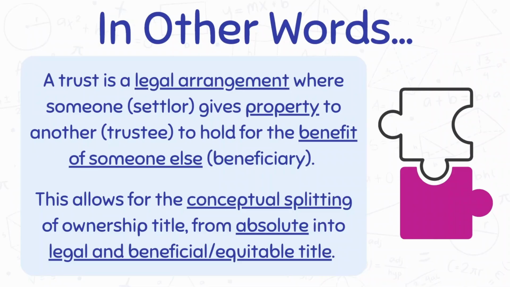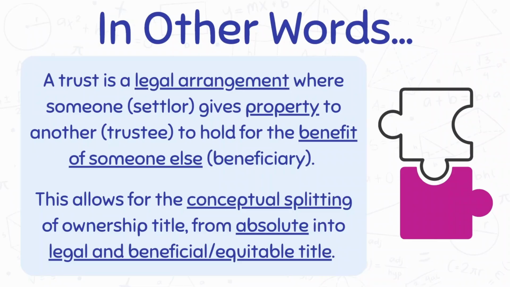Because if you remember, ownership refers to the right to possess, use, and control and dispose of the property. Well, this is what we can refer to as absolute ownership, because you can do everything possible to that property. But the moment a trust is established, this absolute ownership is split into legal title and beneficial title.